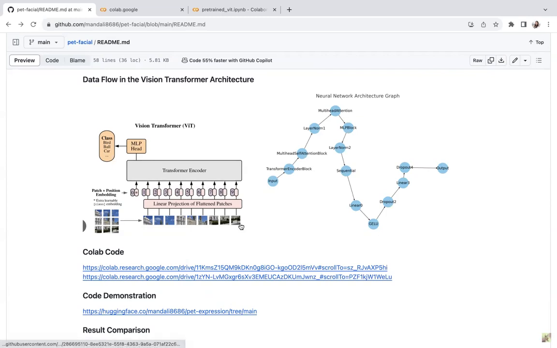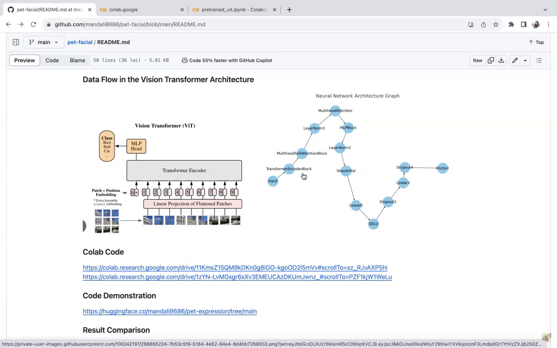For the data flow, on the left is the vision transformer from PyTorch. I chose this because it's much faster than a CNN, and it takes a shorter time to train the models with more approaches. On the right is the data processing flow.